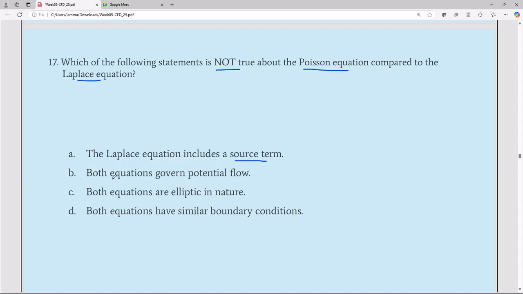Option B, both equations govern potential flow. Option C, both equations are elliptic in nature. Option D, both equations have similar boundary conditions. So which among the following is not true? You can inbox your answers.